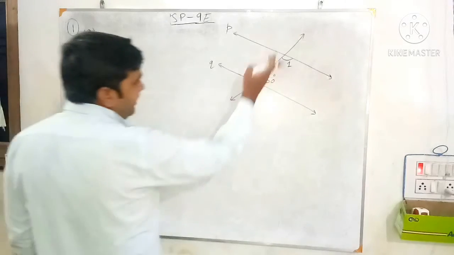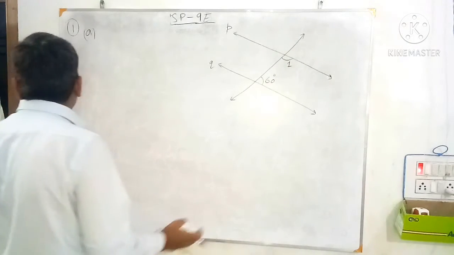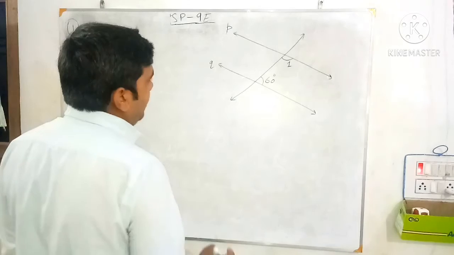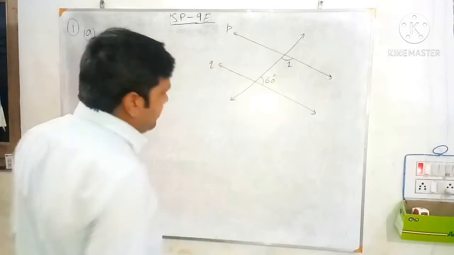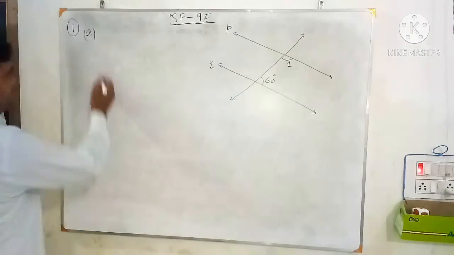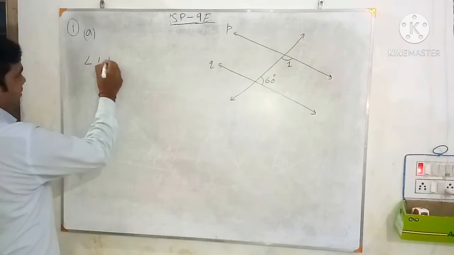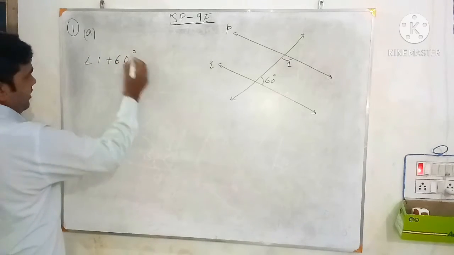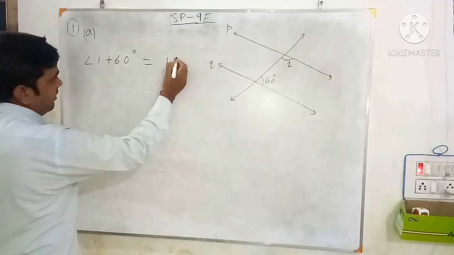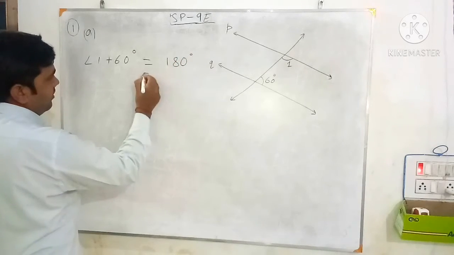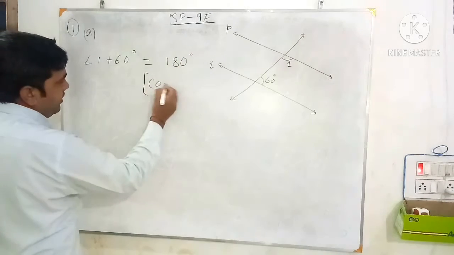So both angles are on the same side of the transversal, so that is the co-interior pair, and the sum of the co-interior pair is always supplementary. So what we write, angle 1 plus 60 degree is equals to 180 degree. Reason, co-interior pair.